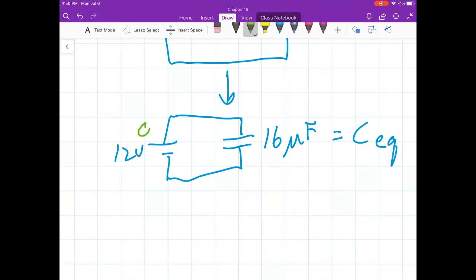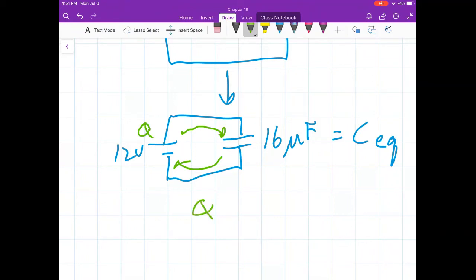We know that a charge leaves this battery, goes to this capacitor, and comes back. What will that charge be? Remember, this equivalent 16 microfarad capacitor is equivalent to the three capacitors we started with, so this charge is the charge that will leave in the circuit with the three capacitors.